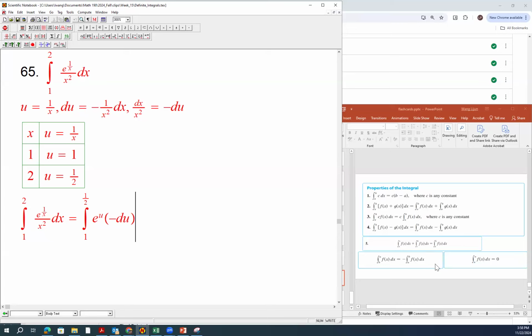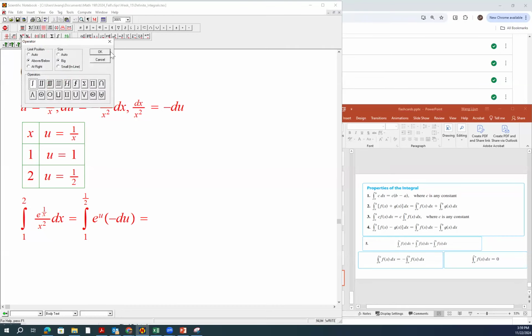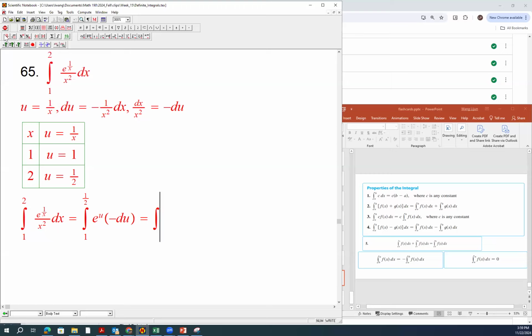When we swap the limits, from lower limit b, upper limit a, to lower limit a, upper limit b, we generate a negative sign. So if we swap 1/2 and 1, we will generate a negative sign.